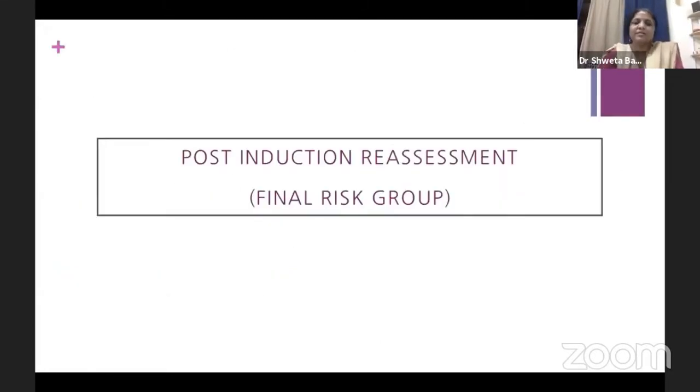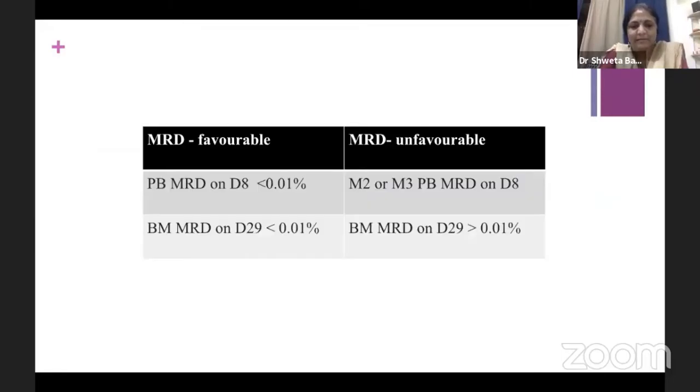So post-induction reassessment, or final risk group assessment, is done by MRD analysis. We know that peripheral blood MRD at day 8 less than 0.01% is favorable, and day 29 less than 0.01% is favorable. While unfavorable is M2, M3 peripheral blood MRD on day 8, or bone marrow MRD on day 29 more than 0.01%.